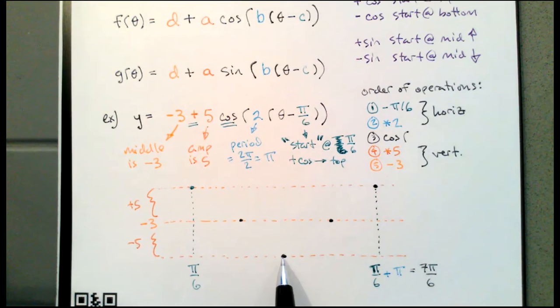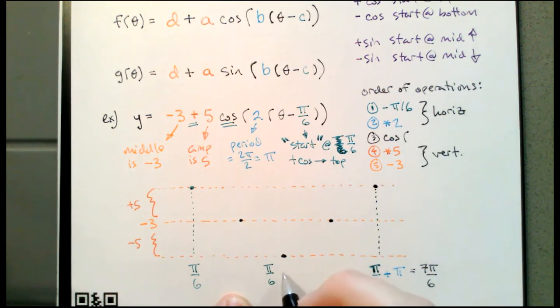We'll be at the bottom at half of a period. So we take the start, pi over 6, and add half of a period. Pi is 1 full period. We'll divide that by 2. So pi over 6 plus pi over 2.